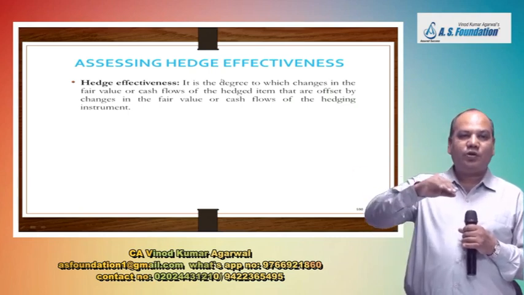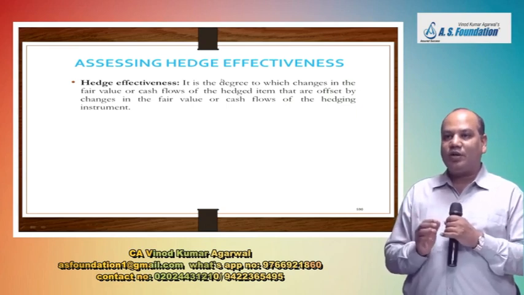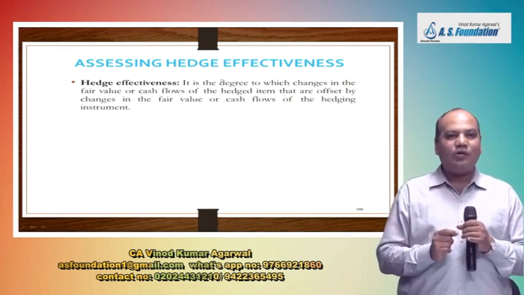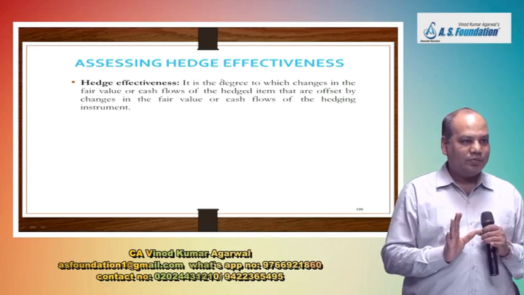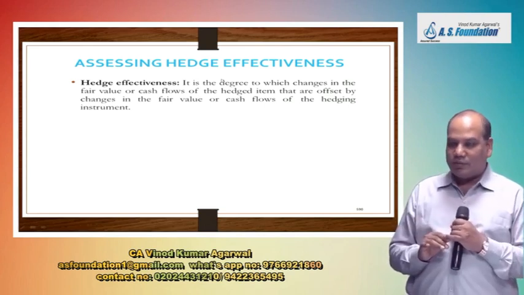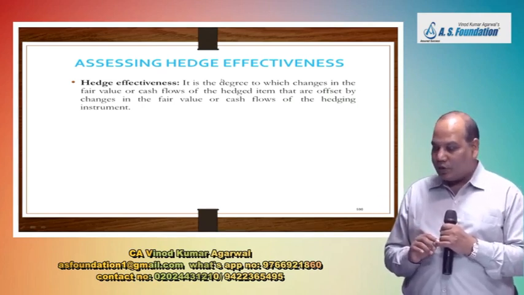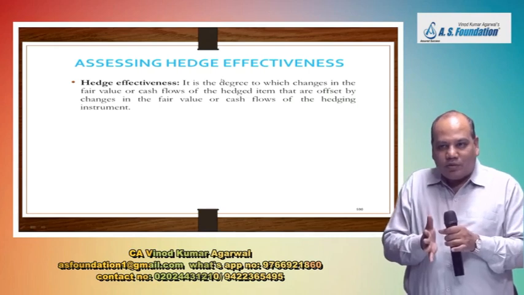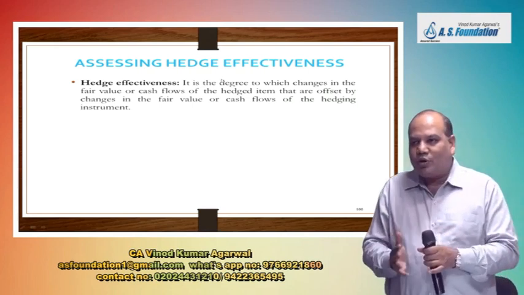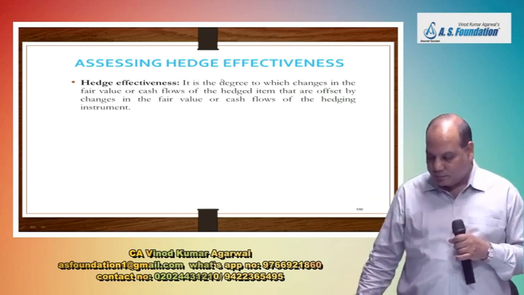The previous version of the standard on financial instruments had given a range of 80%. So if the derivative at least covers 80% of your loss on your hedged item, then yes, it is effective. However, now there is no such benchmark. Management should see that a significant portion of my loss is being recovered through the gain on the derivative.